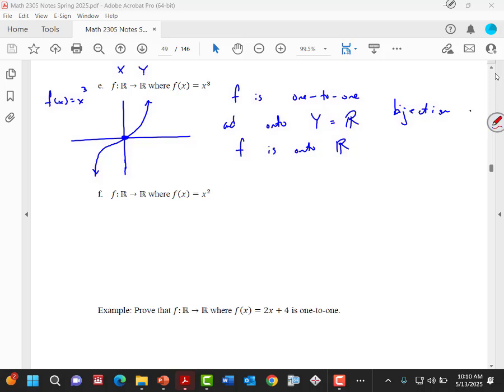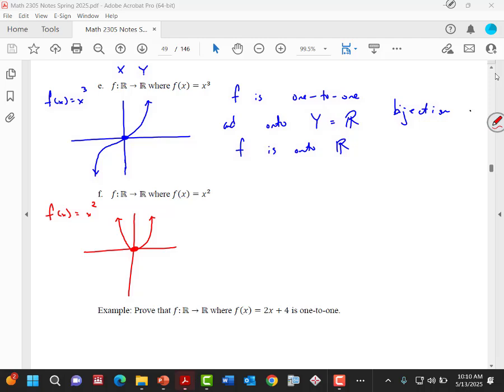What about the function mapping R to R, where f of x equals x squared? For those of us who know what the x squared graph looks like, that is this shape, like so.